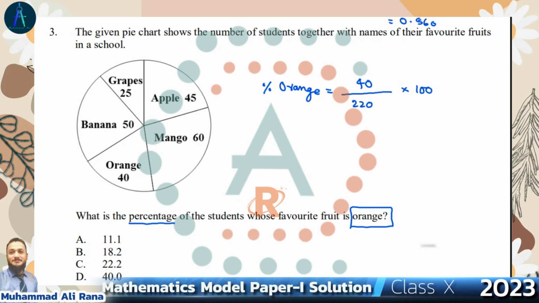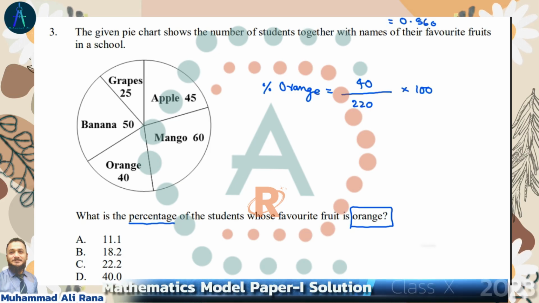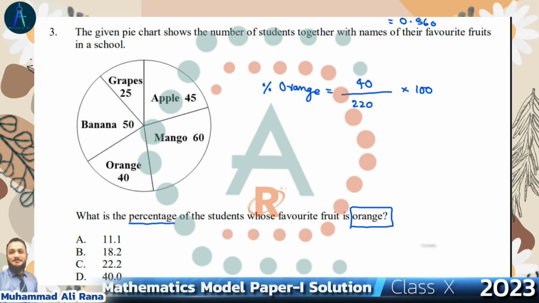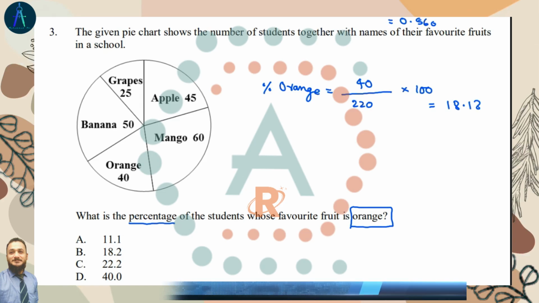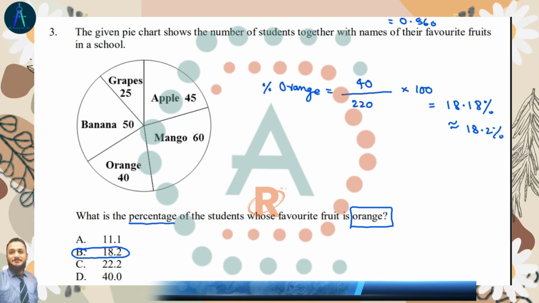So expression को solve करते हैं. 40 will be divided by 220 and the result will be multiplied by 100. So the answer will be 18.18%. This can be rounded off to 18.2%. So our correct answer will be option B.